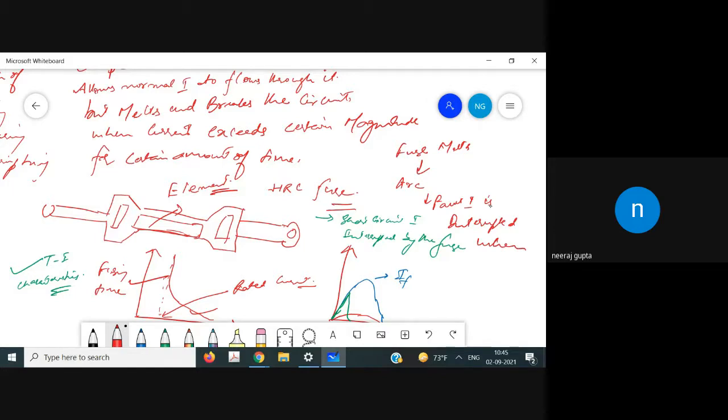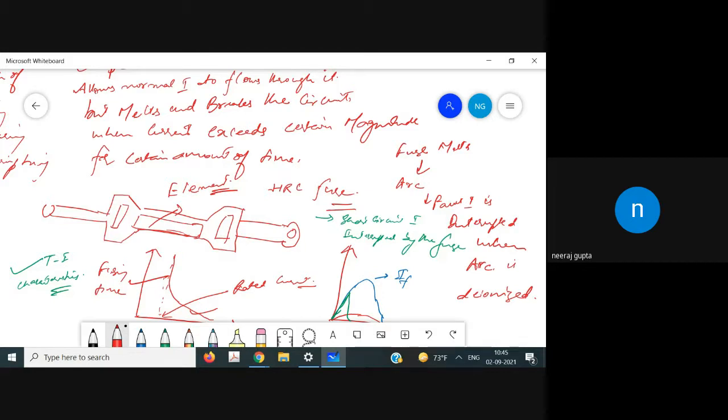That is, it does not restrike. So as you already know, the fuse operation involves the melting and the current interruption.